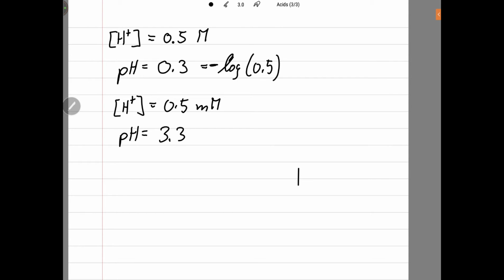Make sure that you do it the right way around: pH equals negative log of 0.5 times 10 to the minus 3. And this times 10 to the minus 3, that's the milli, and that's absolutely essential. You can't leave it as just simply 0.5, because otherwise you would get what we just did before. You have a pH equals 4. What is the concentration of the protons?